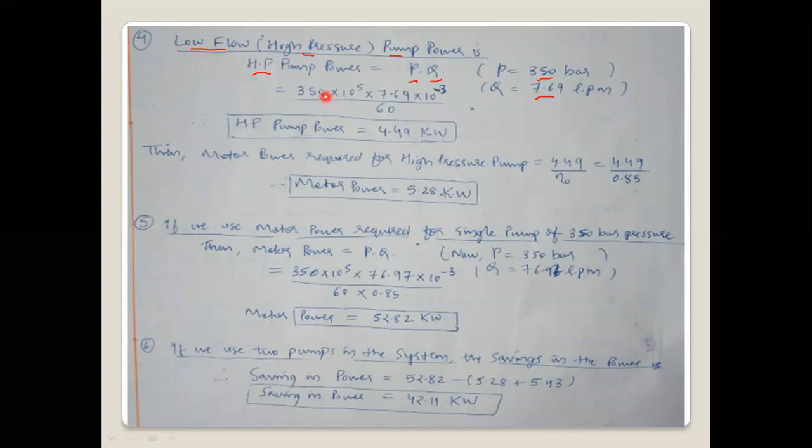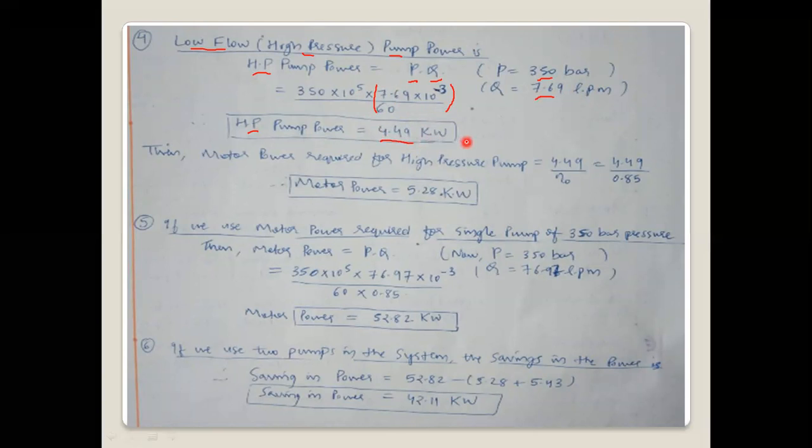So multiply 350 into 10 raised to 5, then 7.69 into 10 raised to minus 3 divided by 60, converting liter per minute into meter cube per second. Then I will get the high pressure pump power as 4.49 kilowatt.